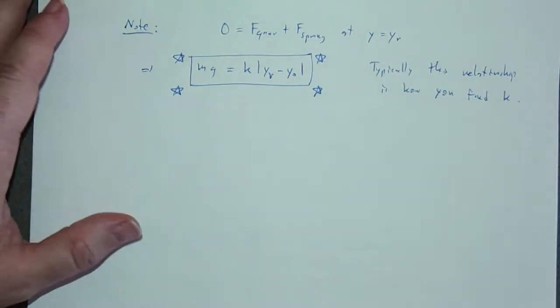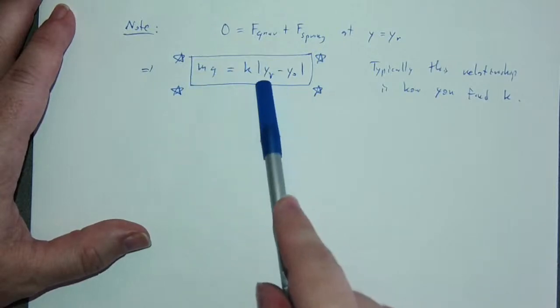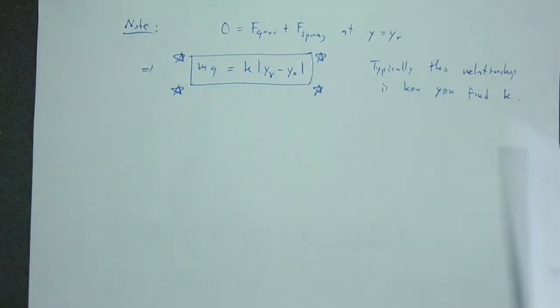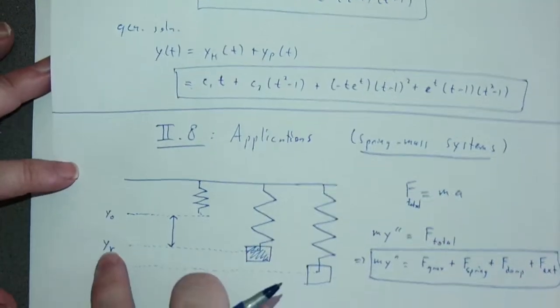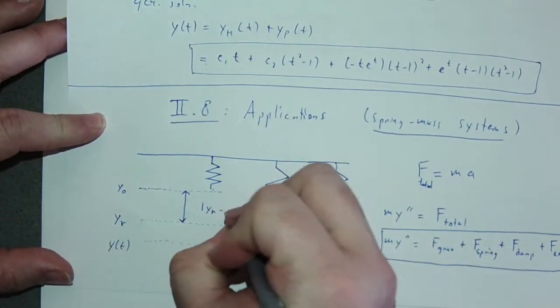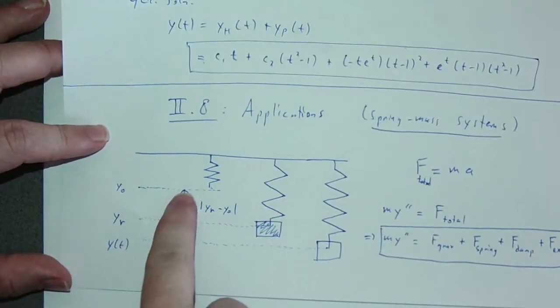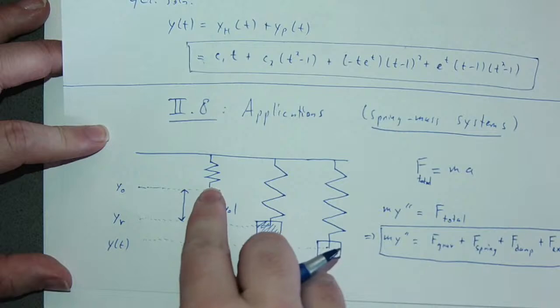What does this relationship say? m times g is equal to the spring constant k times the displacement, the absolute value of y sub r minus y naught. It is the displacement from the initial position to the resting position.